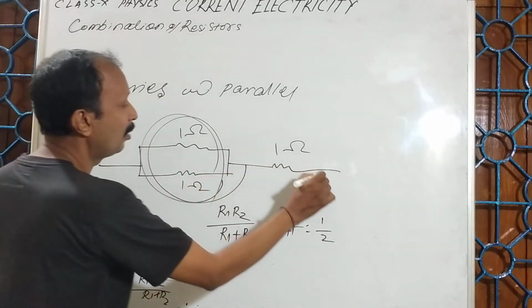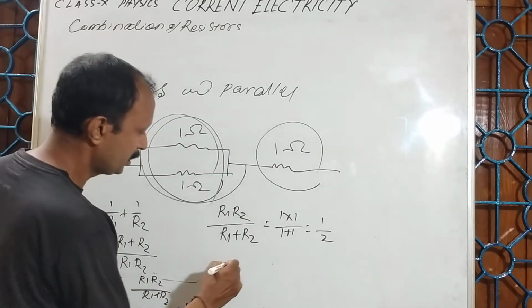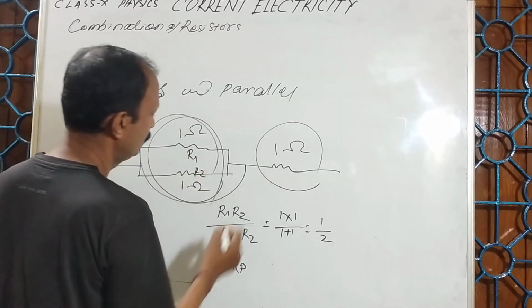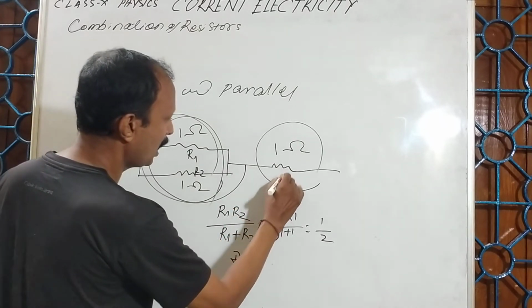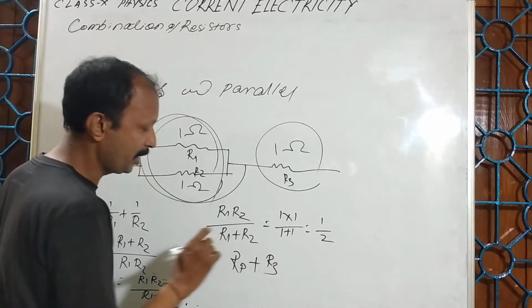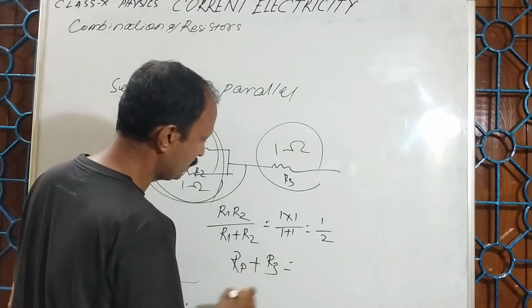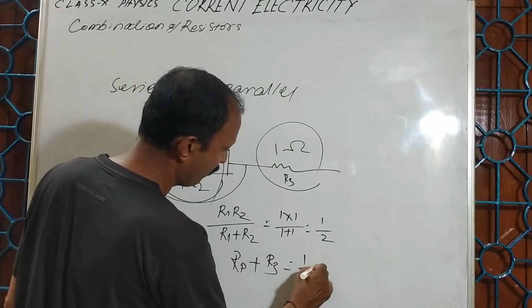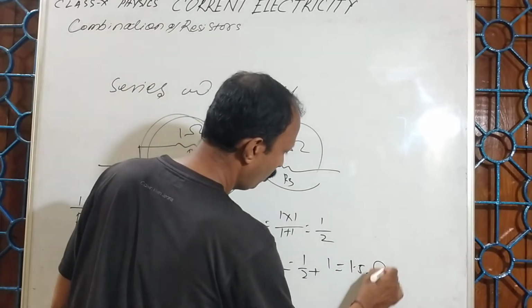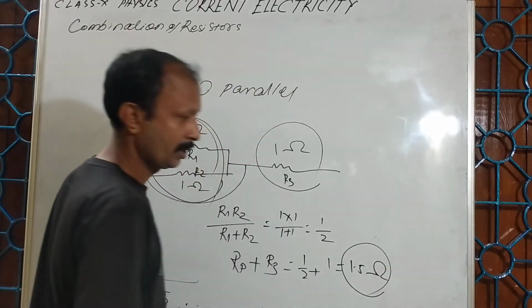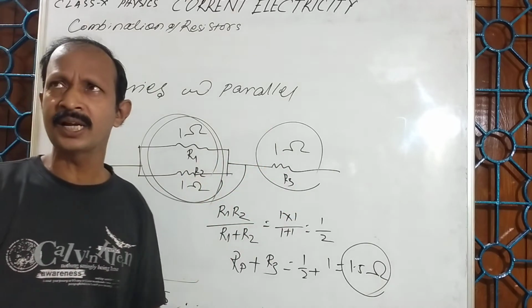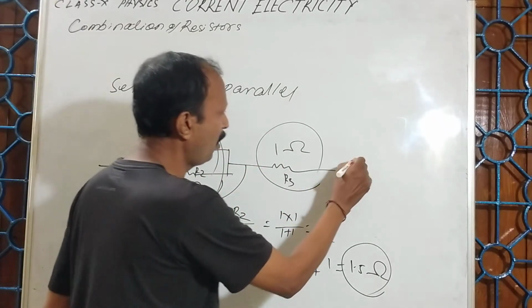So these two combine with this one. That means Rp, you think this is R1, you think this is R2, and this is R3. So Rp plus R3 is connected in series. That means half plus 1, this is 1.5 ohm. So suppose 3 resistors are there, each of 1 ohm.